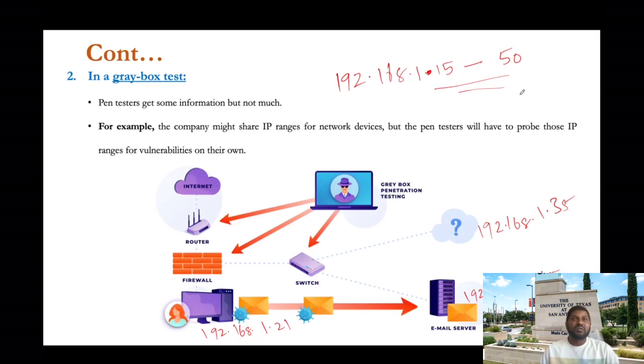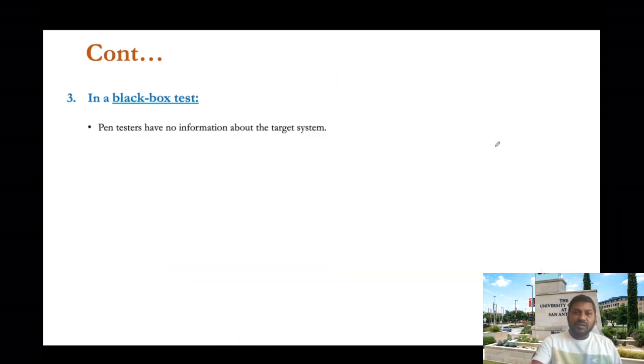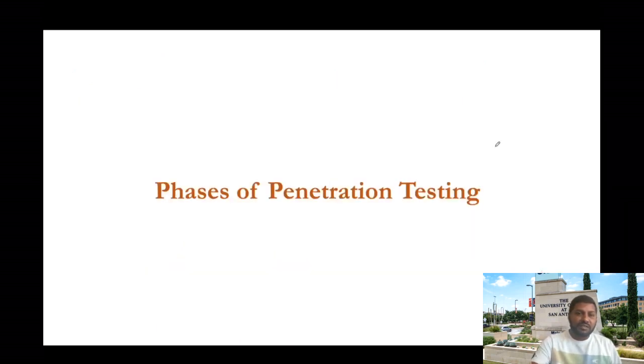So with the scope set, testing begins, whether it is black box testing, white box testing, or gray box testing. Pen testers may follow a number of testing methodologies, as we discussed. Then we come to what we discussed: the different phases involved in penetration testing.